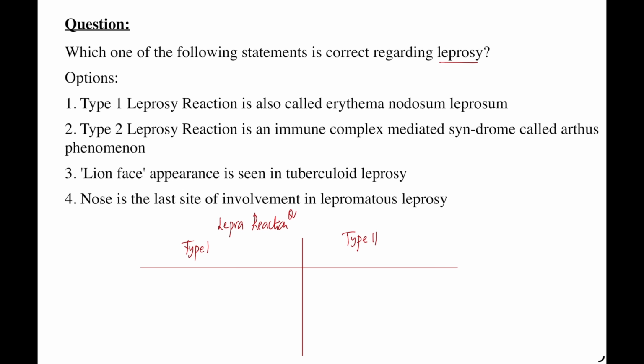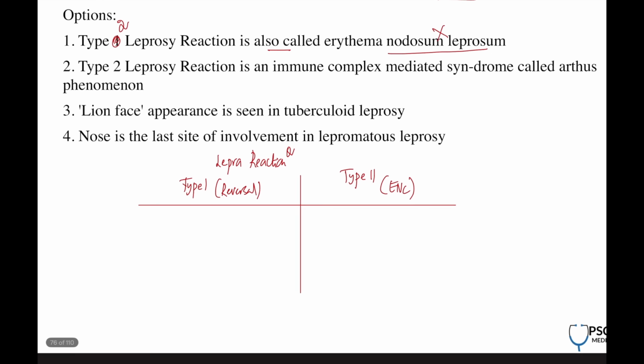Type 1 lepra reaction is also known as reversal type, and type 2 lepra reaction is also known as ENL type. So, saying type 1 leprosy reaction is called erythema nodosum leprosum is wrong, because it is type 2. So the first option is wrong.